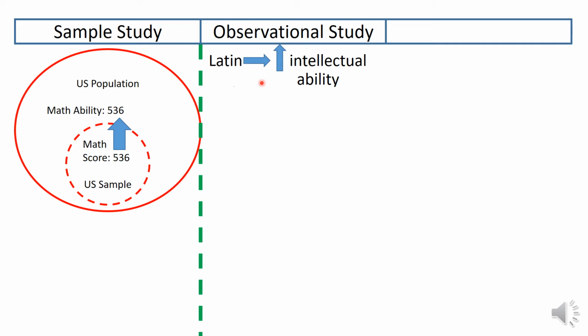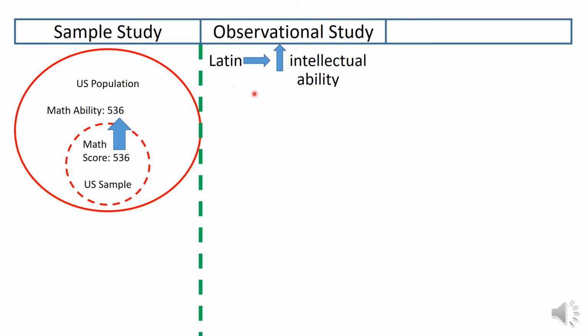He thought that studying Latin makes you better at Latin, studying math makes you better at math, studying English makes you better at English, but none of those have any real effect on each other. So we could do an observational study to try and figure out which camp is correct. Does Latin improve your intellectual ability as a whole, or does it just improve your ability to speak Latin?